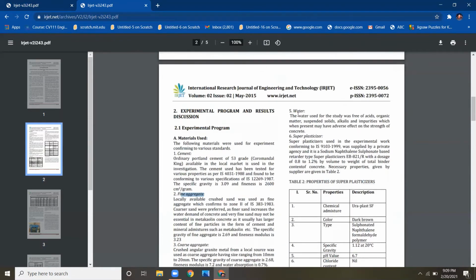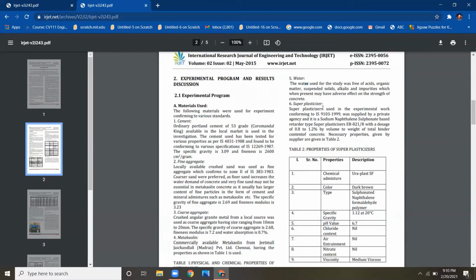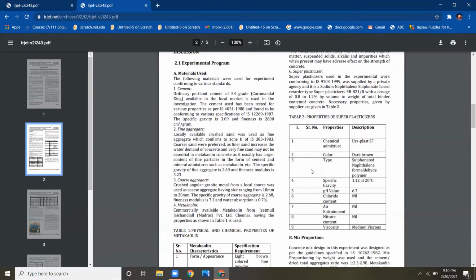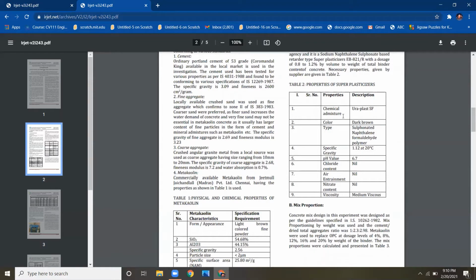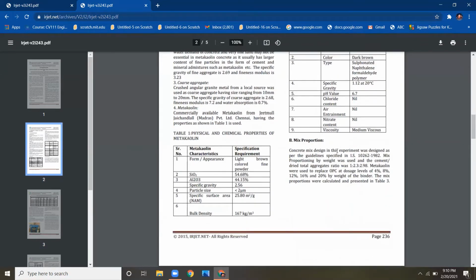Now I'm moving towards water. They have taken water free from acids, organic matter and suspended solids. Then they have taken some plasticizers to improve the properties of the cement, at 0.8 to 1.2%. The properties of the super plasticizer, chemical admixture, color, type, pH value and all that are given over here.